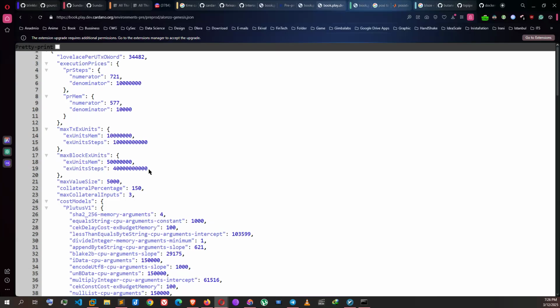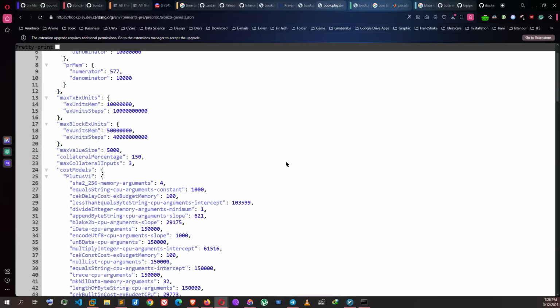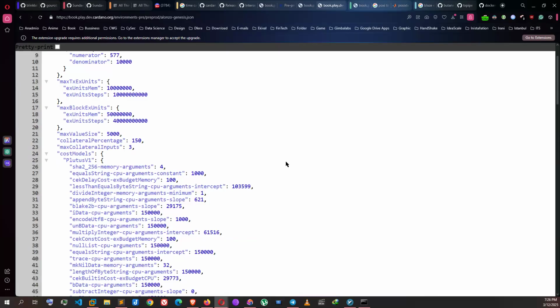Is the difference of this fee just because of the size of the transaction, or is there some sort of validation happening as well, some other stuff besides the size? For a big single transaction? No. So the only thing that matters in a transaction without a smart contract is just the size. It's just the size, yes.